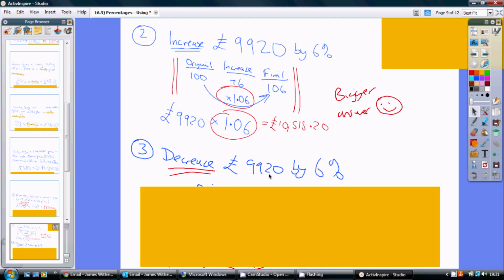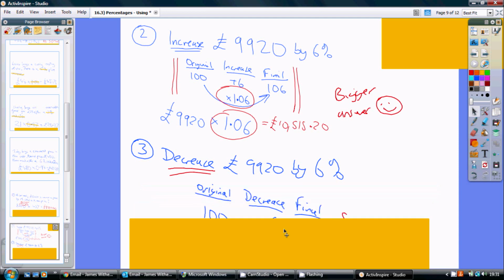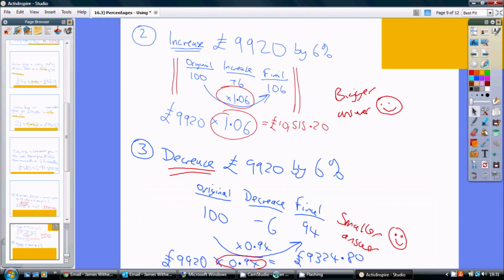Now when we decrease by 6%, it's 100 take away 6, which is 94%. 94 out of 100, multiplier of 0.94. So that's going to be 9920 multiplied by 0.94, which is 9324.80.